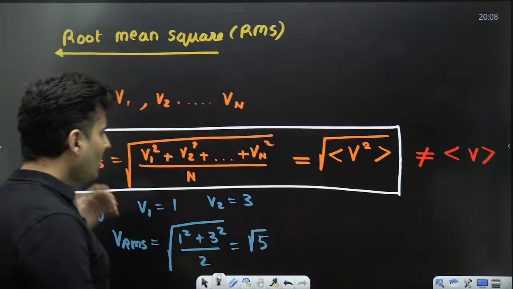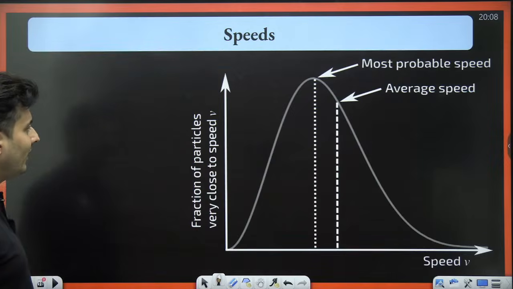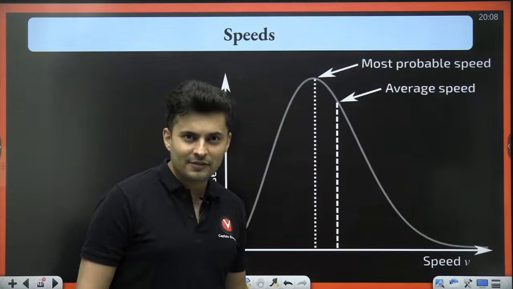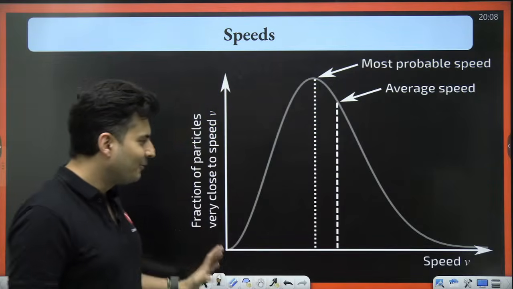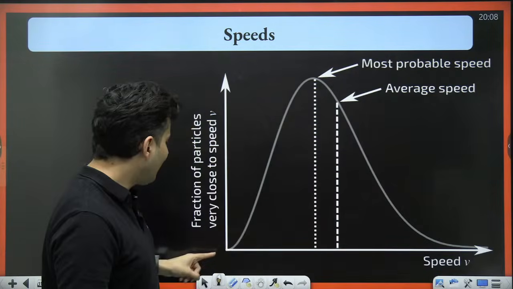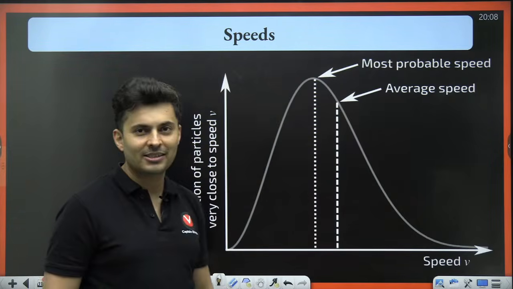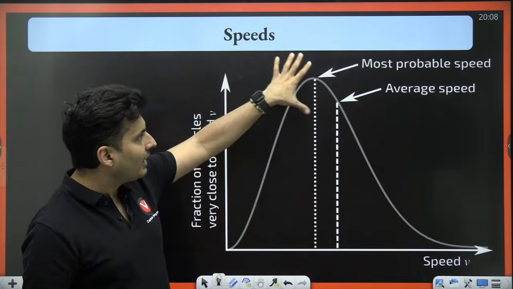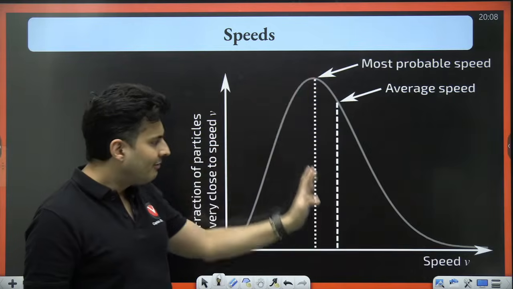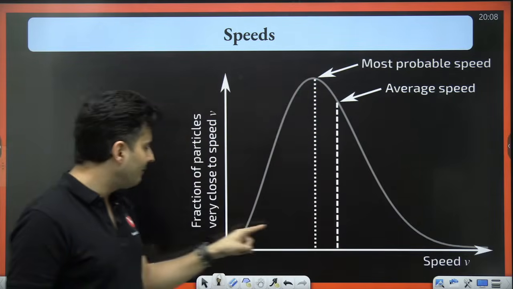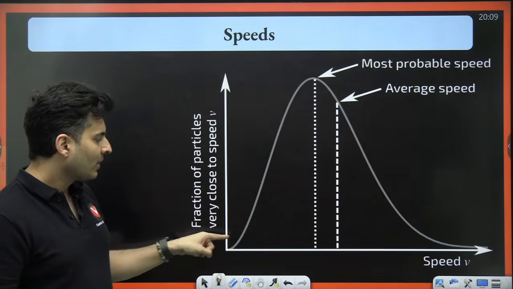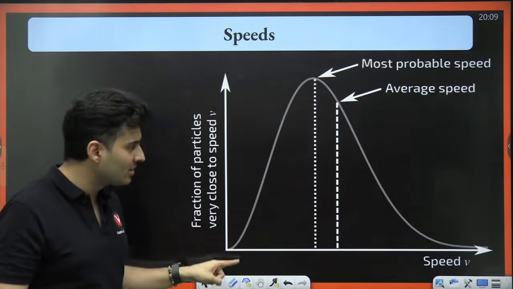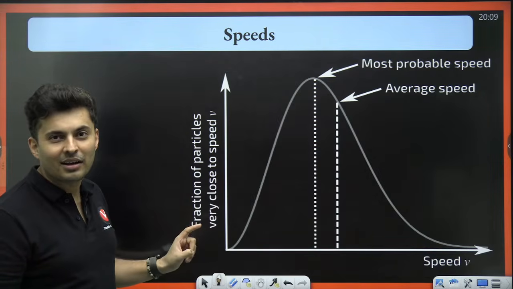So, understand, if you plot the graph of the number of molecules versus the speed, the graph will look something like this, where a certain speed is very dominating, very high speed molecules are very low in number, and very low speed molecules are also very low in number.